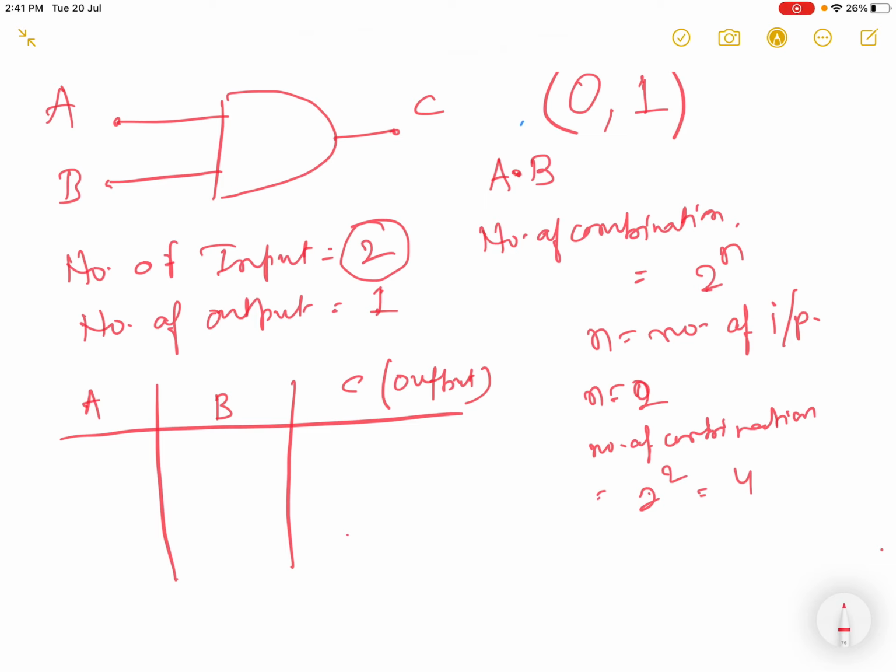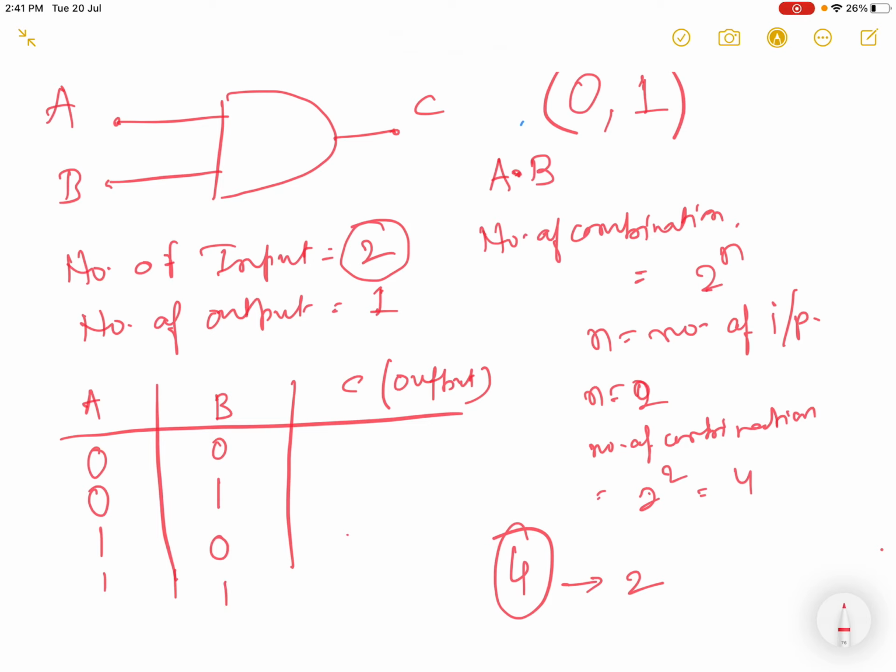So this is the total number of combinations. First of all, you just halve it. Start from 0 0 1 1, two zeros and two ones, and then halve it again: 0 1 0 1.